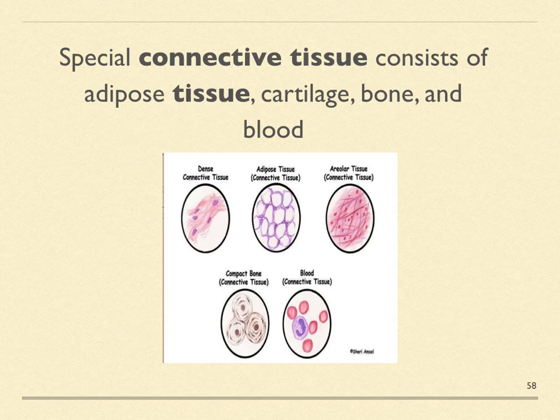So here you have learned adipose tissue or fat tissue, cartilage, bone, and blood are types of specialized connective tissue. Actually, in the base, these tissues are connective tissue, and then they undergo some change and form the special form of the connective tissue.